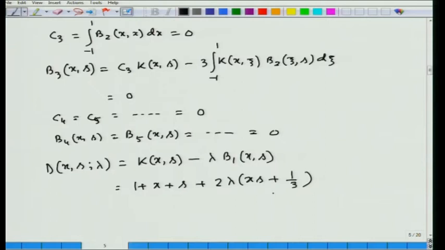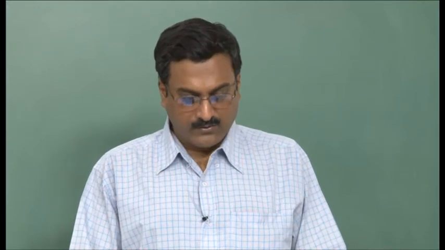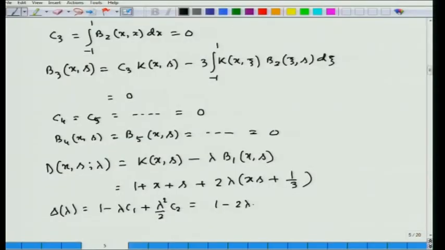So, this is actually your D(x, s; lambda), and delta lambda will be equal to 1 minus lambda C1 plus lambda square by 2 C2, and the rest of the terms C3, C4 are all identically equal to 0. Therefore, we will have 1 minus 2 lambda minus 4 by 3 lambda square. So, this is the expression for delta lambda.